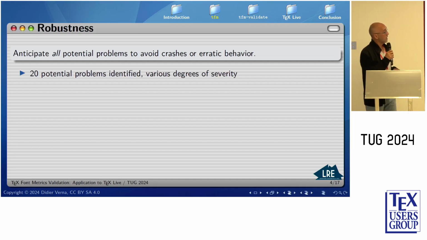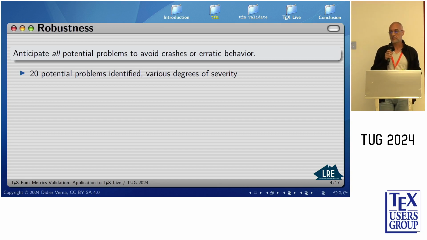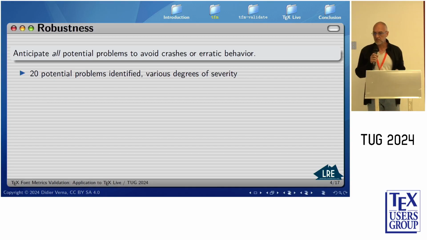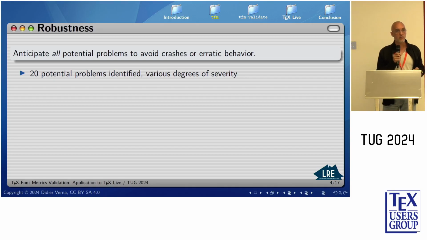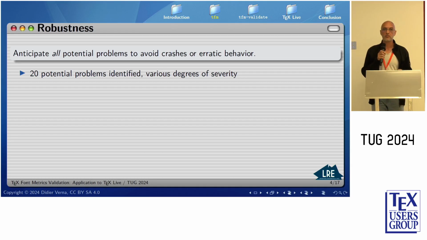During the development of the TFM library, I identified 20 potential problems with respect to the parsing of the TFM format. I insist on this, it is very important: I mean potential problems that are detectable when you parse the file. So for instance, incoherence or contradictory information that you parse, stuff like that.